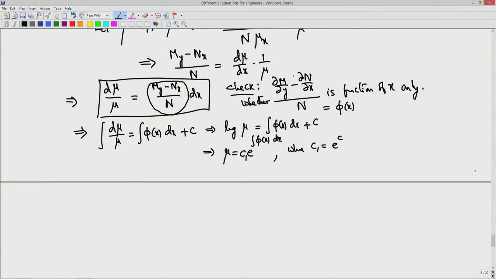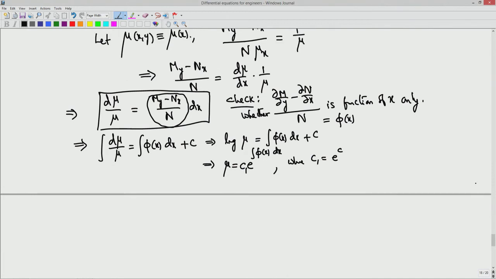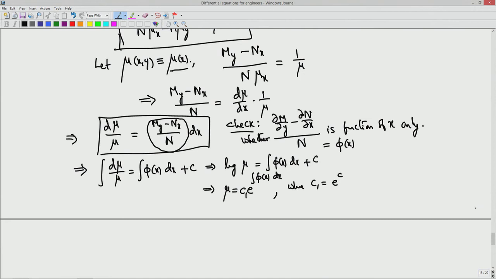So I multiply by such a function, e power integral phi(x) dx, where phi(x) is what I checked to be a function of x alone. In such a case, I get my function mu as a function of x alone. If I multiply by this, I can make the equation exact, and I know how to solve an exact equation.